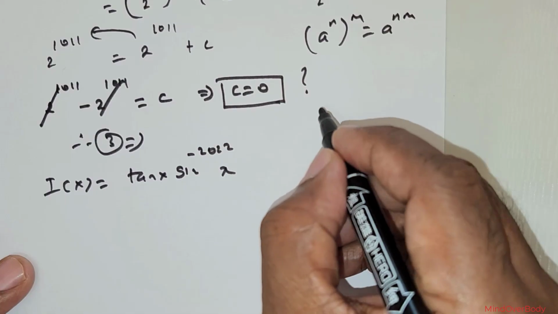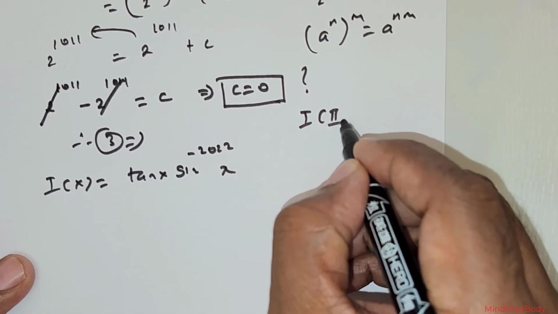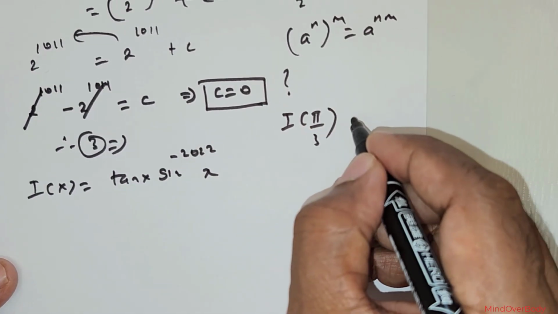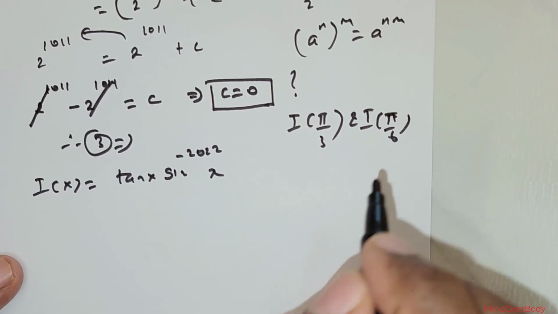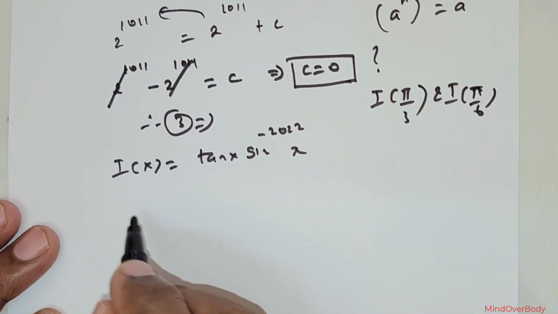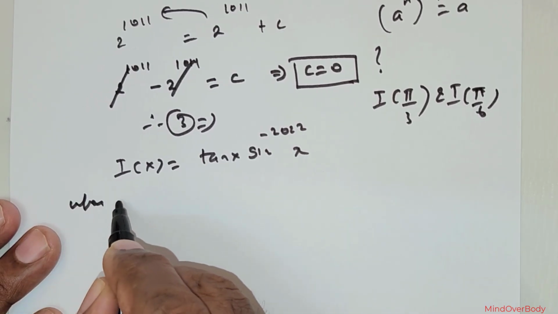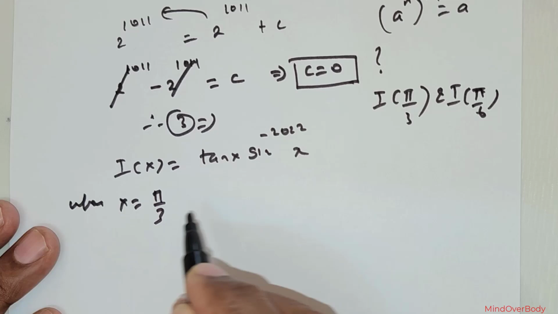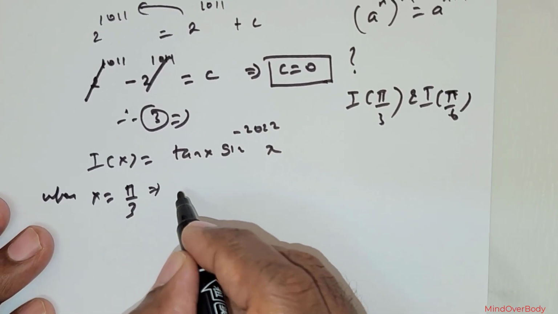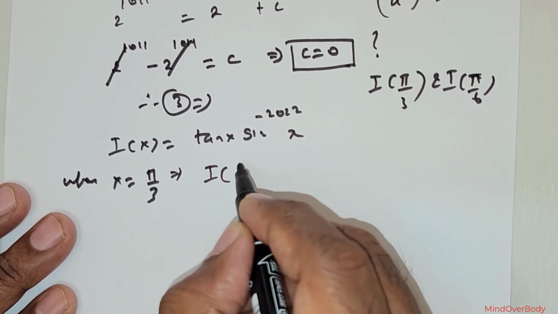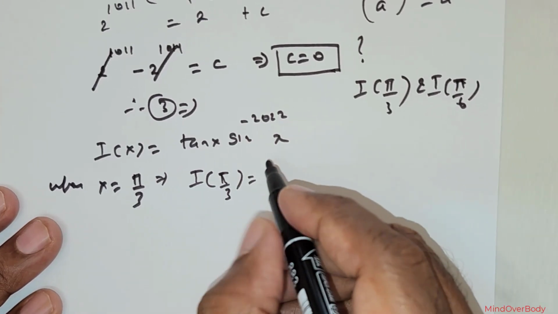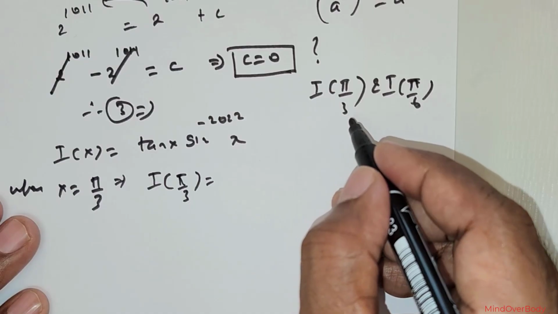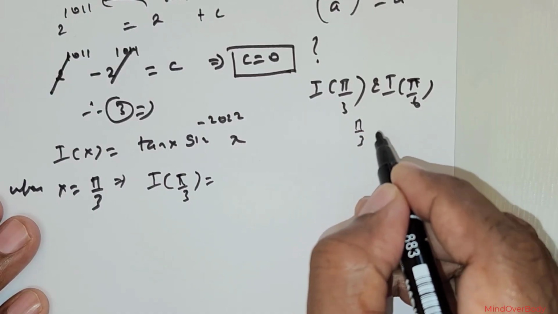Now the question wants us to extract the relationship between I of pi over 3 and I of pi over 6. Right? So you substitute when x is equal to pi over 3. So what happens? This means I of pi over 3 is equal to, now pi over 3 is what?